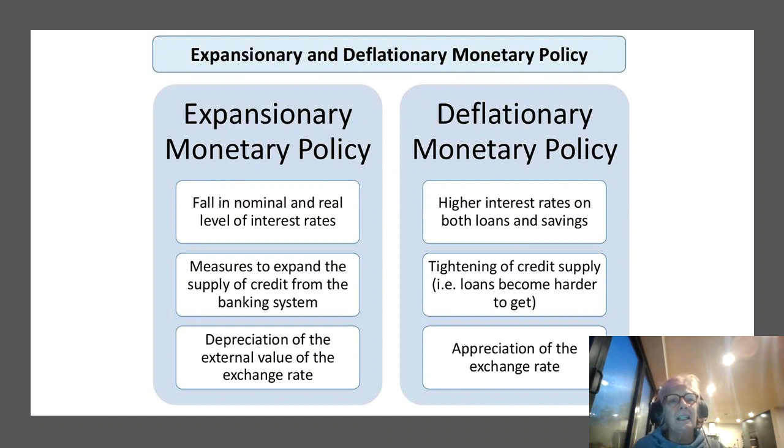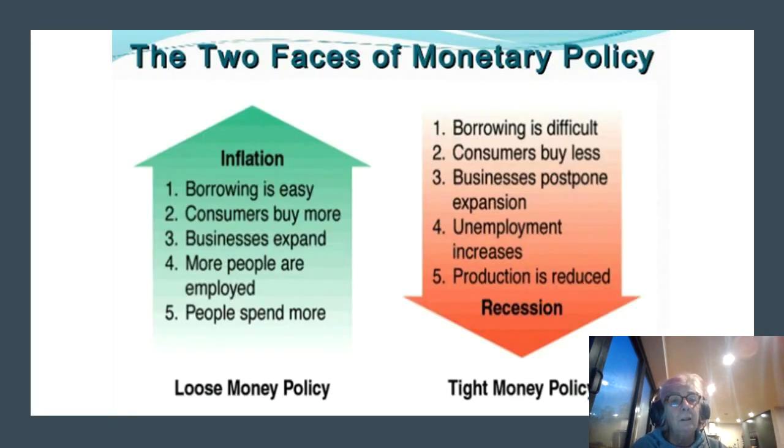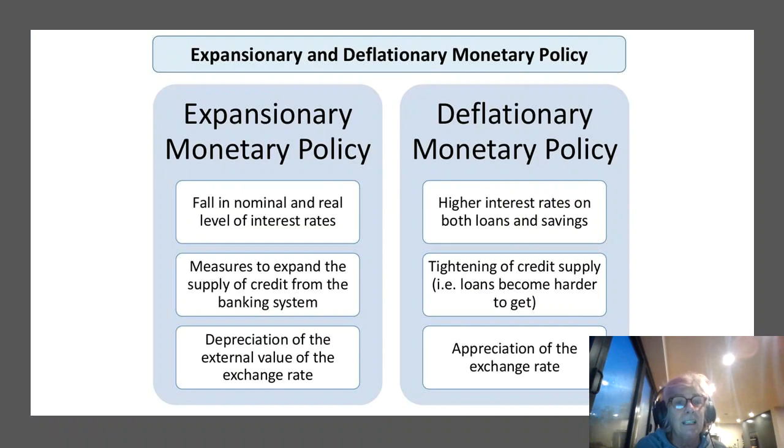So let's look at that in a slightly different way. If an economy is in a trough period where aggregate demand is very low, then the government might use expansionary monetary policy, or loose money policy, as we called it on the previous slide. They would use expansionary monetary policy to increase aggregate demand to get the economy going again. So they might reduce the level of interest rates so that it becomes cheaper for consumers and businesses to borrow money.